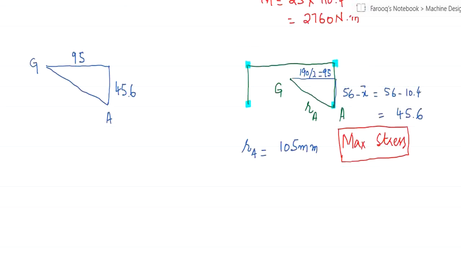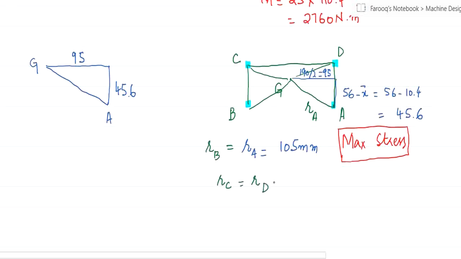We are going to name these 4 points and we are going to compute the value for RA, RB, RC and RD respectively for all of these points. And we know that RA is basically equal to RB. Similarly, RC and RD can also be computed, and their value will come out to be 95.6 millimeters.